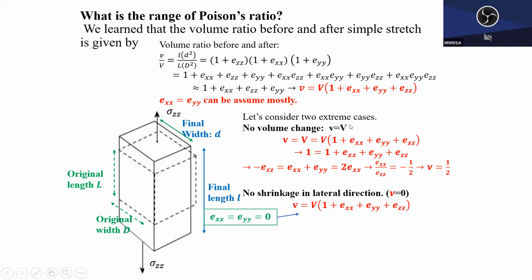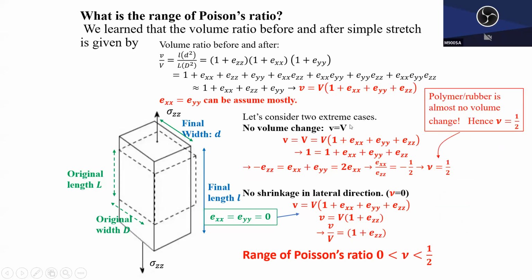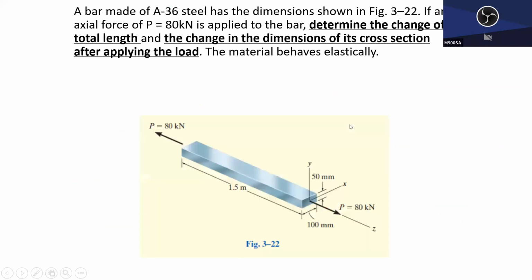If that's the case, there's no shrinkage, so EXX and EYY are 0, and in this case the ratio should be equal to 0. So theoretically speaking, the upper end of Poisson's ratio is 1/2 and the lower end is 0. Most steel is around 0.3.